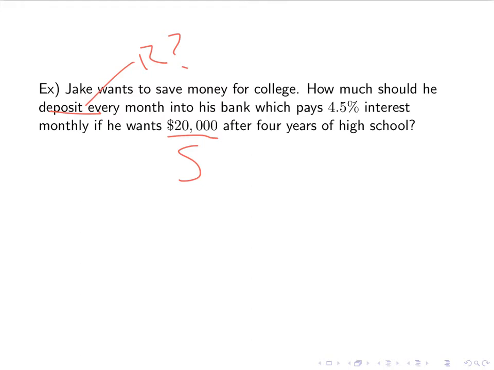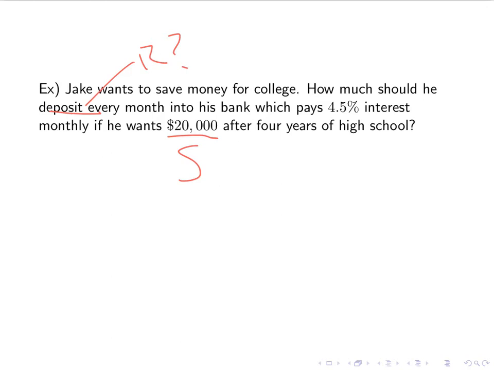And then it doesn't specify whether he wants to deposit it at the beginning of the month or the end of the month. And if it doesn't specify, we assume it's ordinary annuity. So of the bottom half of that table, we're looking at the upper left one. Solving for R, knowing S for ordinary annuity.